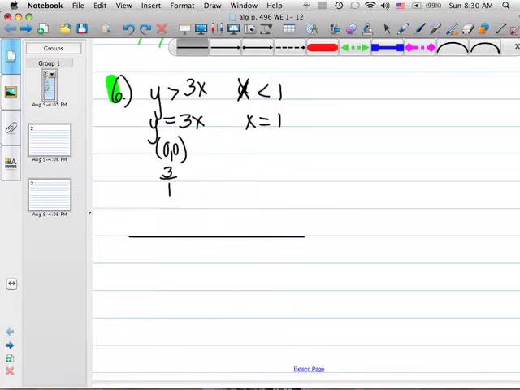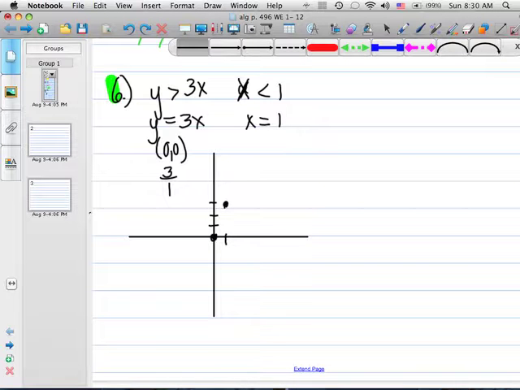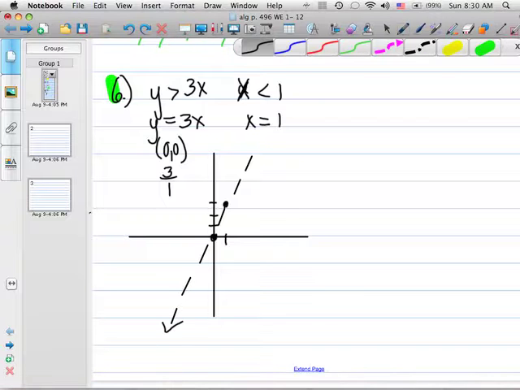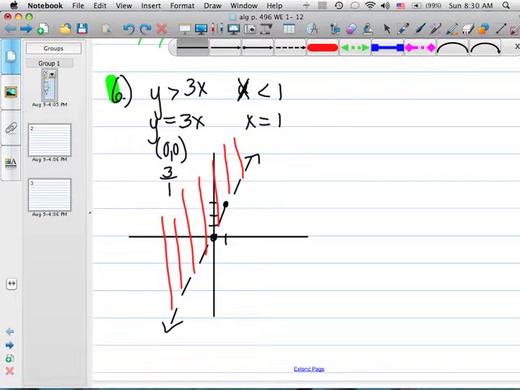So graphing that, plot a point at 0, 0. Use your slope, up 3, right 1, and it's a dashed line. And it says greater than 3x, so we're going to shade above. X equals 1 is a vertical line where x is 1, 0.